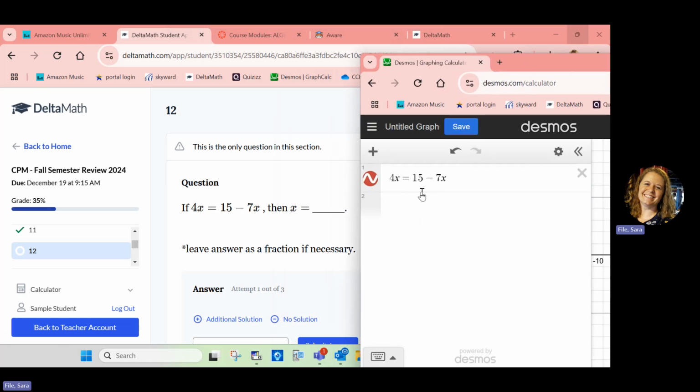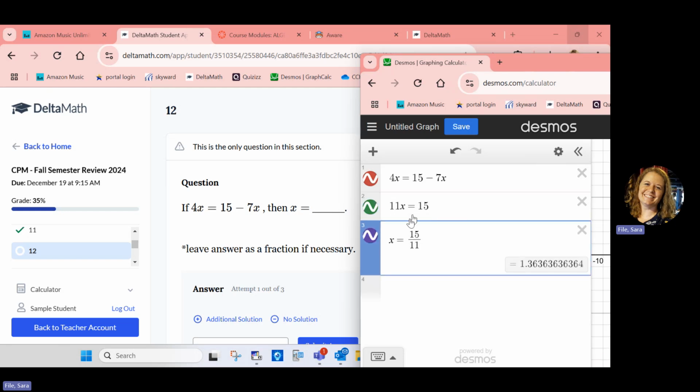So this is what we start with. If we are moving x's to the same side, I'm going to add this 7x to the other side. So if I add 7x to the other side, that would become 11x equals 15. And then I would have to get x by itself. I would divide the 11 over to the other side. So I would get x equals 15 over 11.